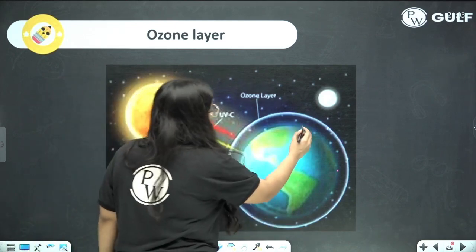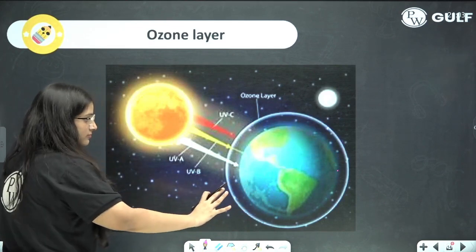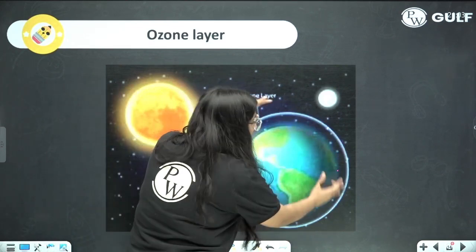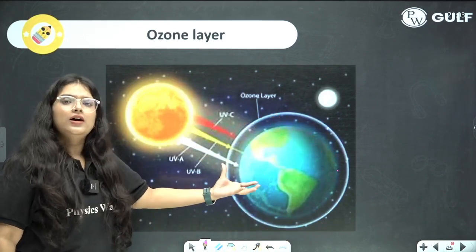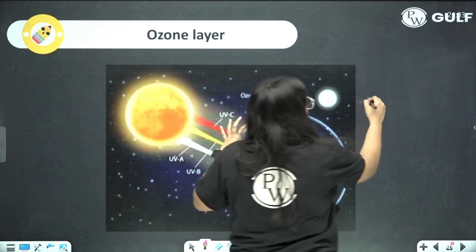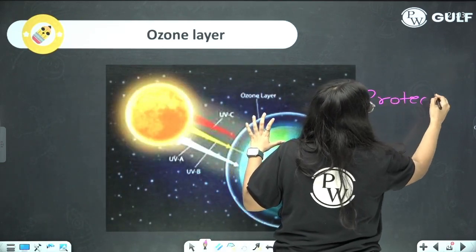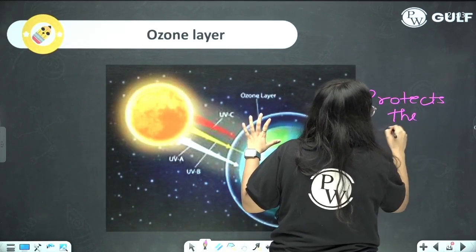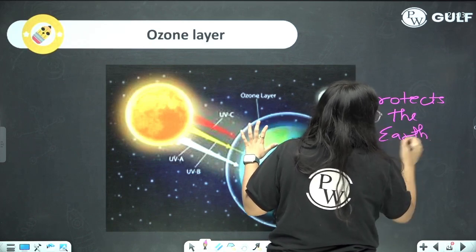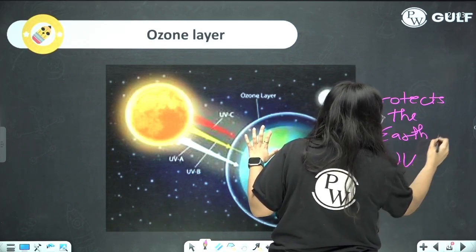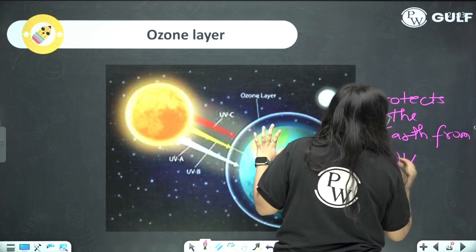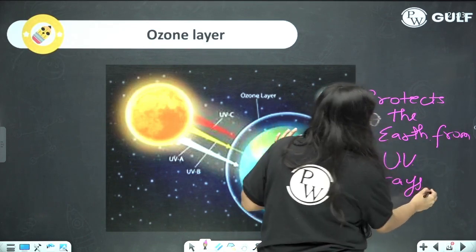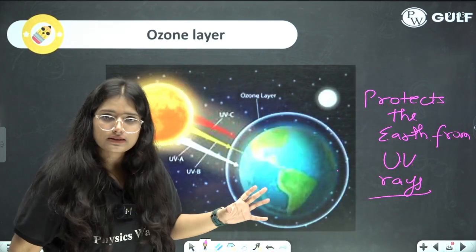On the earth, we have this blanket that covers the earth, and this blanket protects the earth from harmful UV radiation, from harmful UV rays, or you can also call them ultraviolet radiations.